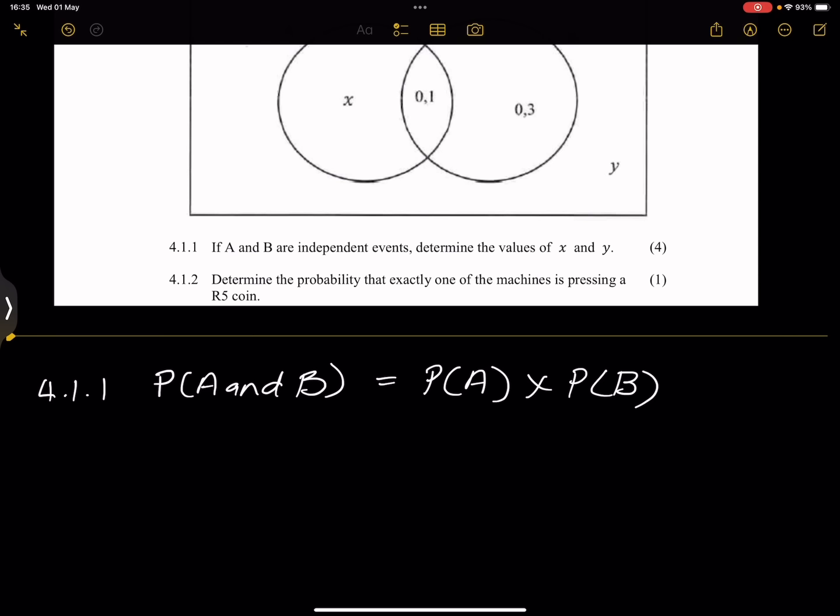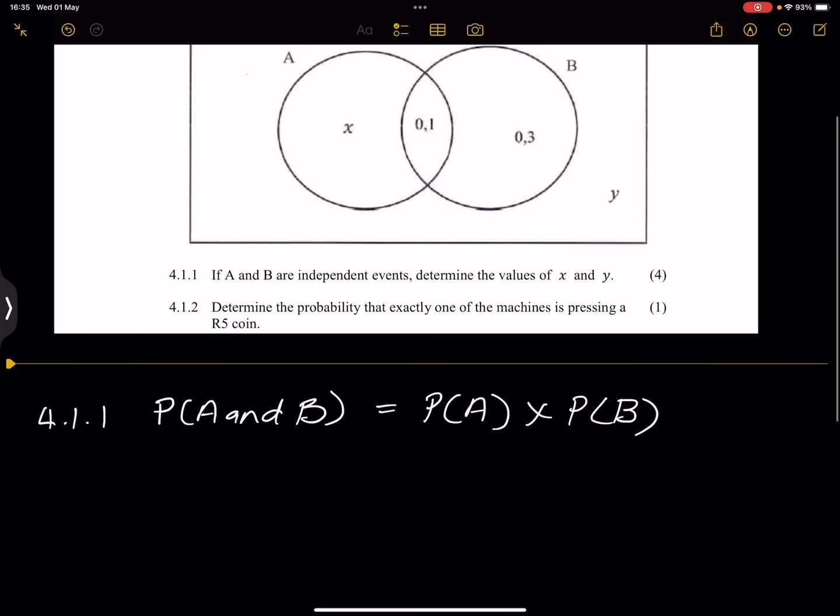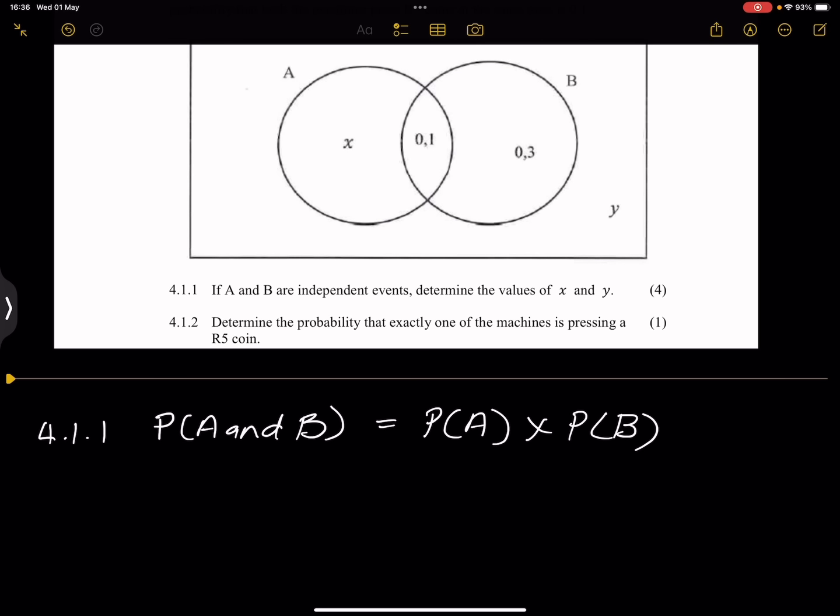So they say if they are independent events, determine the values of X and Y. Now, we know that the probability of A and B is 0.1. Okay, that's 0.1. Now, the probability of only A in this case is X.